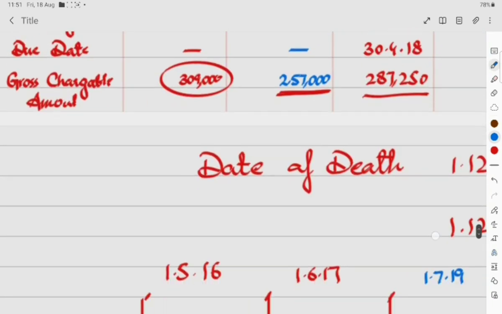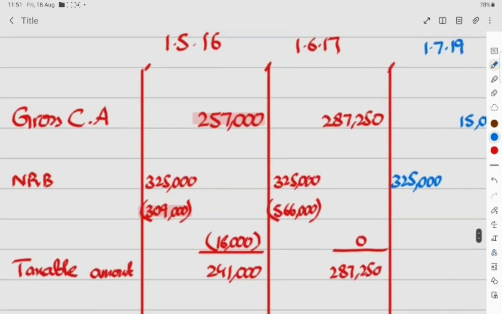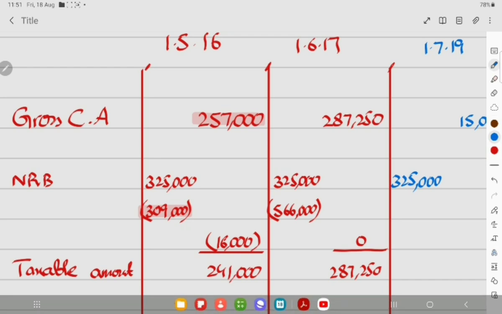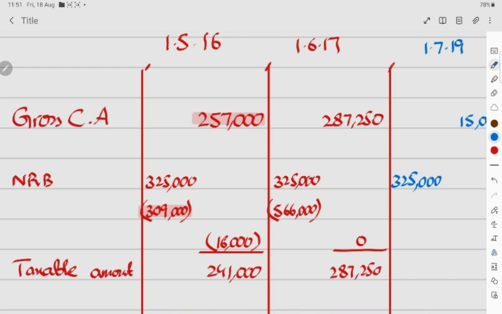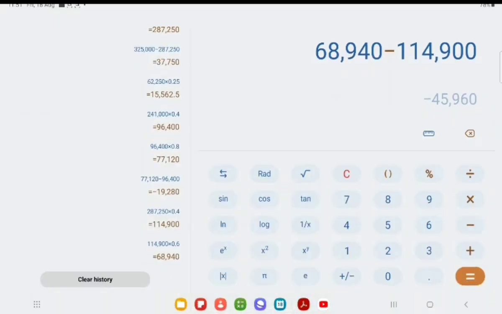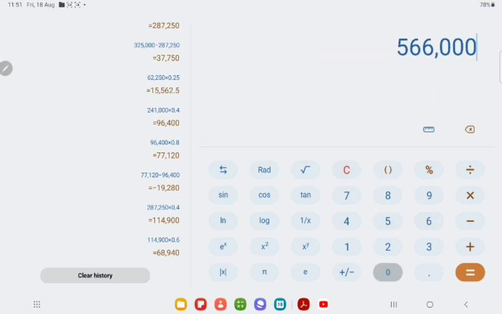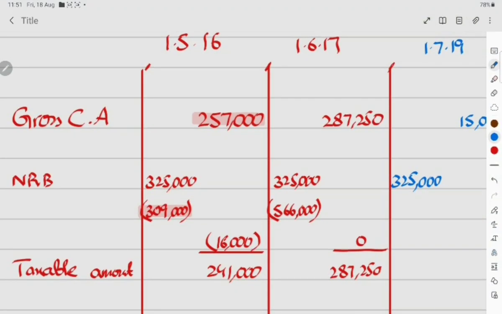So previously it was 5,66,000 that has been utilized. Now you have to add this 2,87,250 of gross chargeable amount to find out the total nil rate band already utilized. So it will be 5,66,000 plus 287,250, 8,53,250.